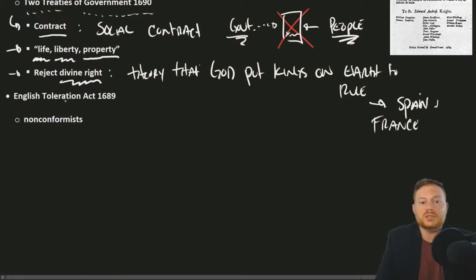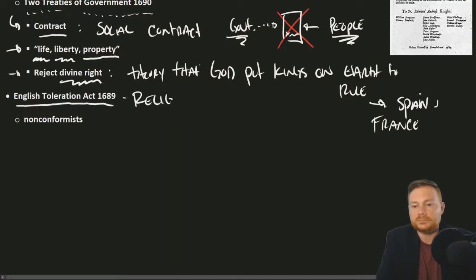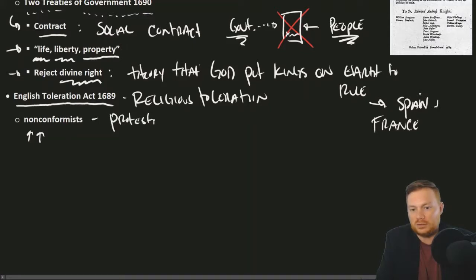Other laws included the English Toleration Act, which led to more religious toleration. Not in a modern sense, but religious toleration for nonconformist Protestants. Right?